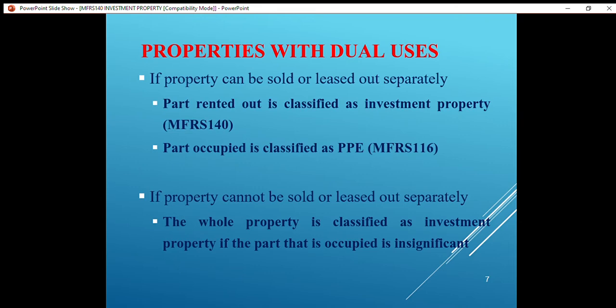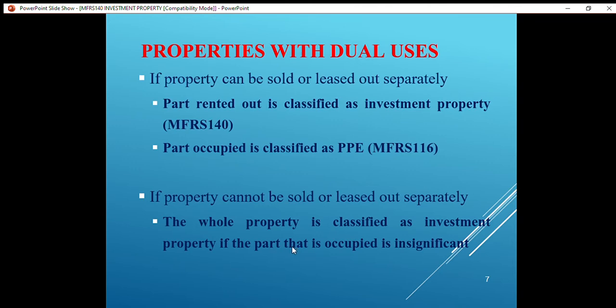But if the portion that is occupied by the owner or used for administrative use is significant, for example, the building which has 10 floors, and 50% of the building is occupied by the owner or used as administrative office, it is considered significant because the owner occupies half of the property.